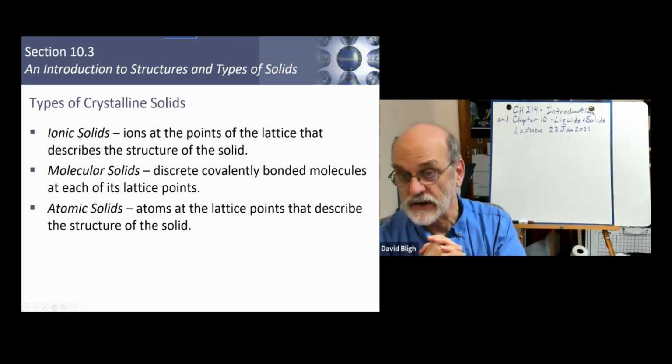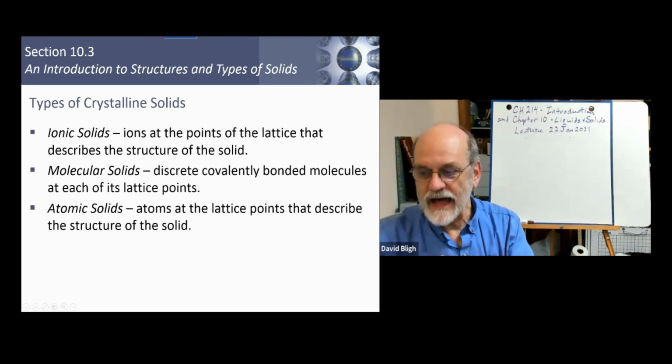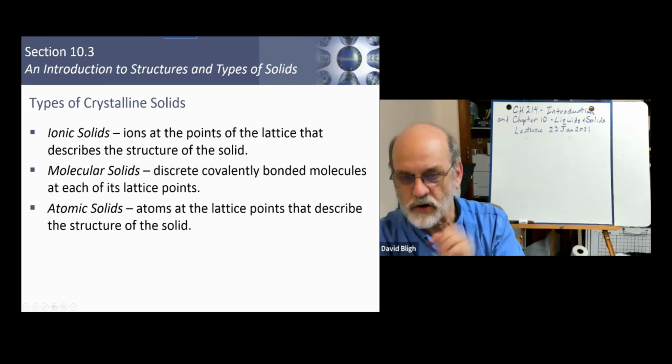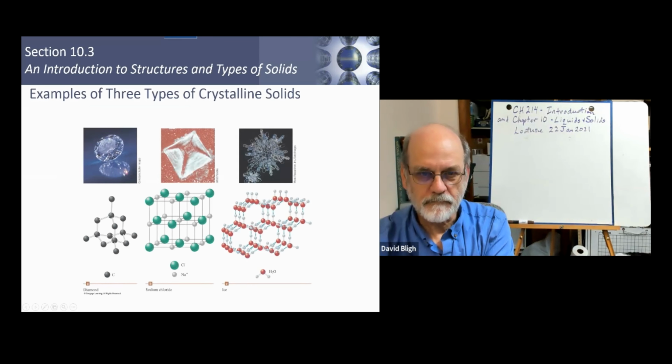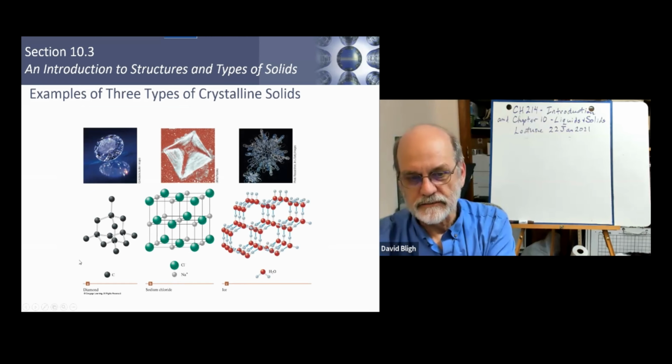Like metals in particular, will tend to pack in a close arrangement. Here are just examples, right? There's a covalent solid that's in a crystalline structure, diamond. Here's sodium chloride, it's in the cube.